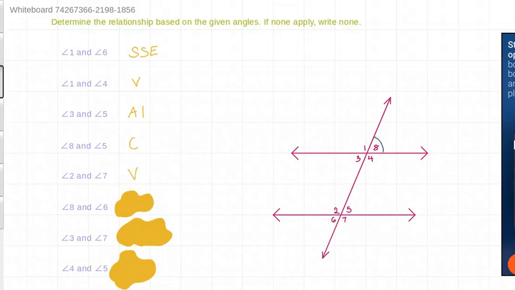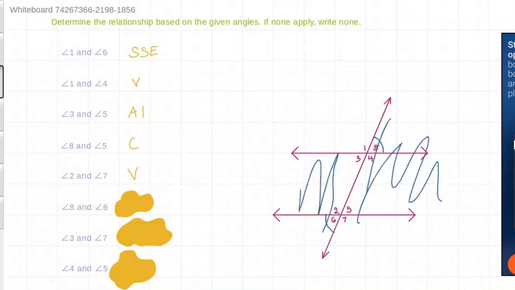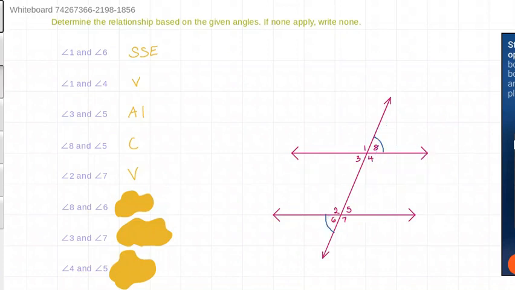Alright, angle 8 and angle 6. So they're on opposite sides of the transversal. Angle 8's on this side, angle 6 is on this side, but they're both on the exterior side of their lines. So this would be alternate exterior. Angle 3 and angle 7.